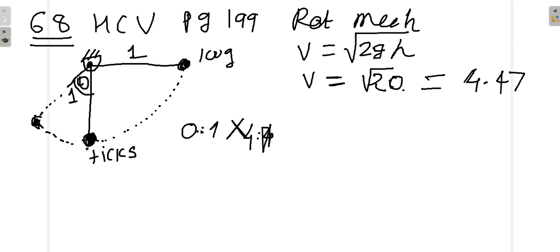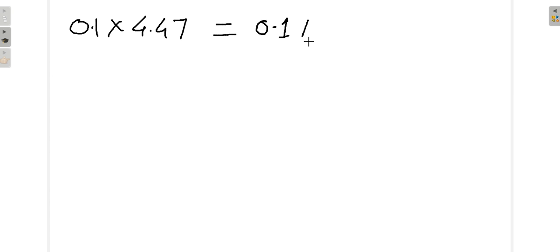My pen is stuck, just a second. So initial momentum is 0.1 into 4.47, and afterwards what will be the total momentum as the body sticks? The mass of the particle is 0.1.